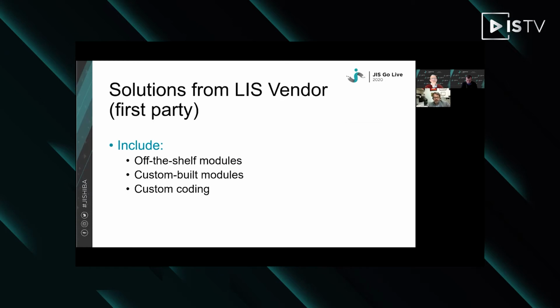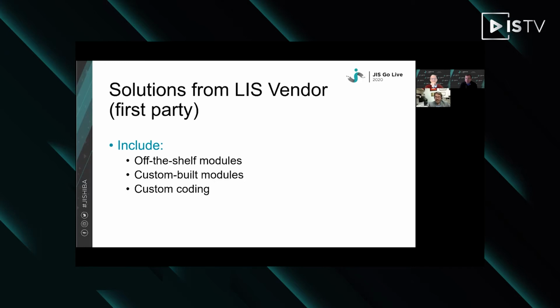So if we're looking at a solution from an LIS vendor, the first party, these might include off-the-shelf pre-built modules that you can simply get a quote for. It might include having them actually build you custom modules. These are the kind of things where if you call and say, I need this solution, they're going to have you talk to their software development department rather than their sales department. That's usually the big divide that I like to think of.